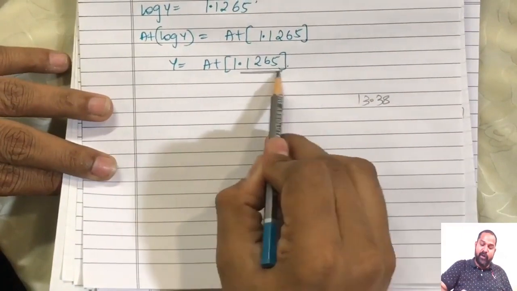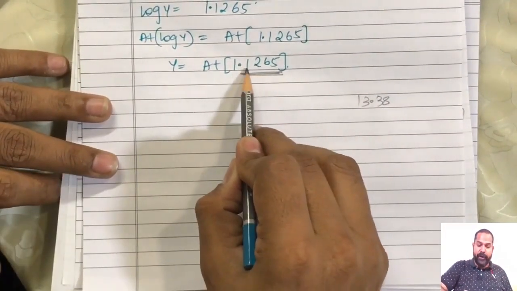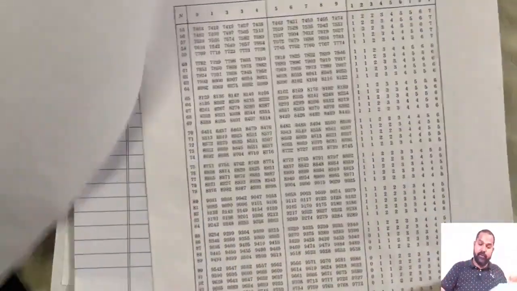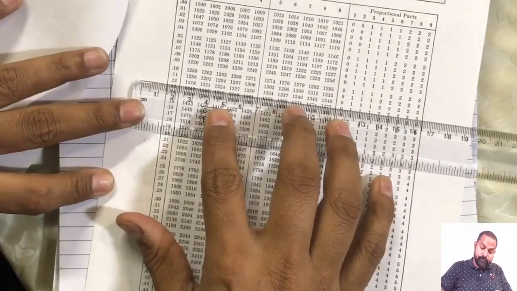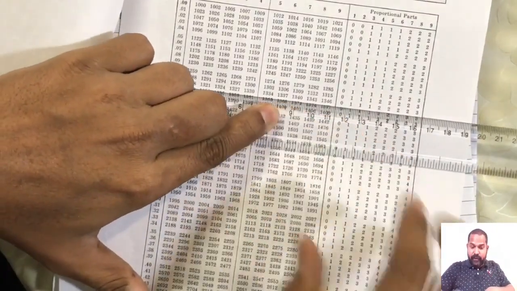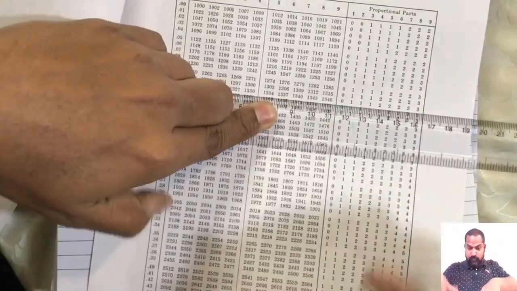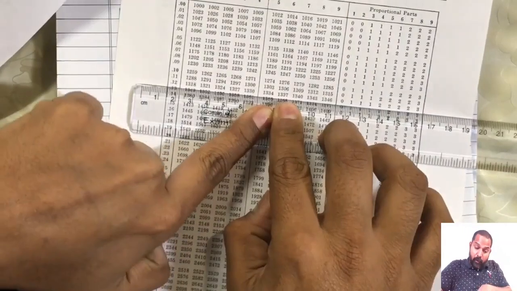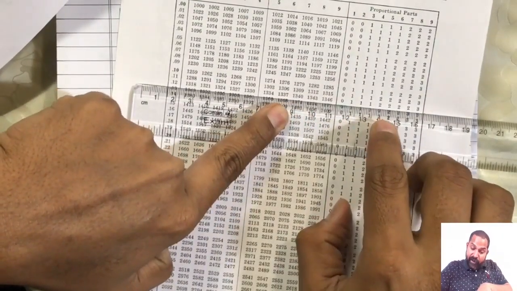I will take the anti-log of the decimal part, which is 0.1265. In your anti-log sheet, 0.12, in that 6, which is 1337, and in that 5, am I right? 0.126, in that 5 is 2.